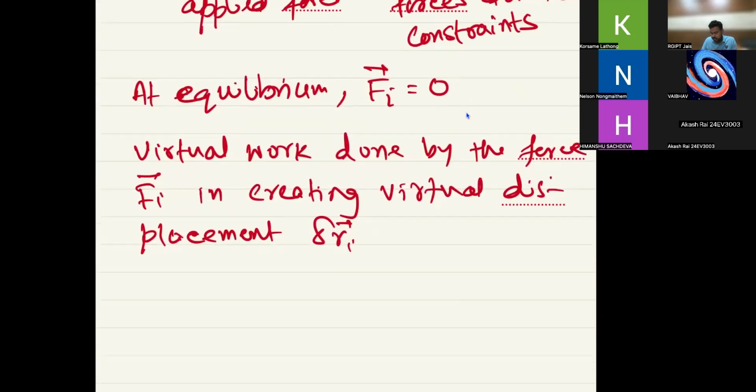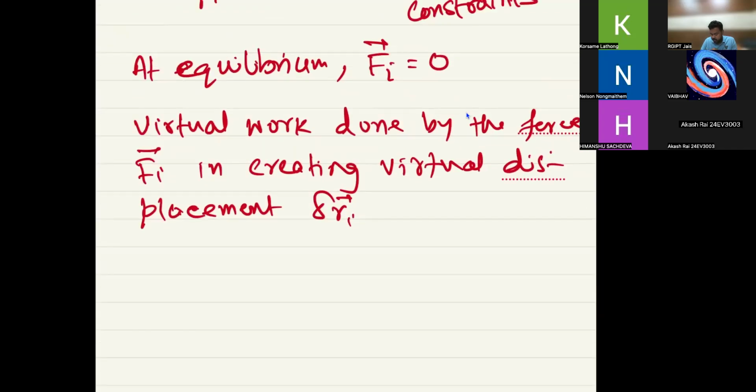So in reality, if you displace the system by some amount, the total work done dW is Fi dot dri. It will do some amount of work, and that was defined by Fi dot dri.